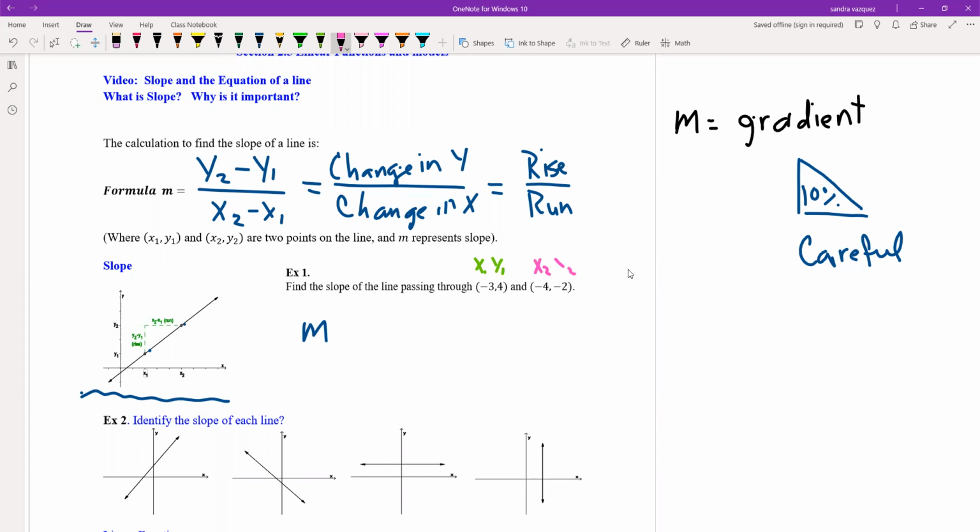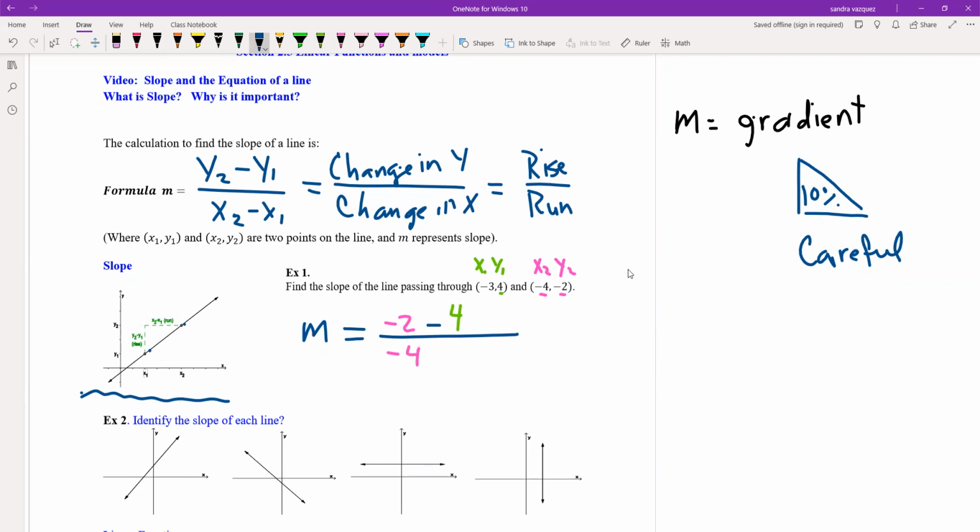And so then my formula says y2. Y2 is -2. Then the formula has a minus, then y1 is 4. And then we have an x2, and x2 is -4.